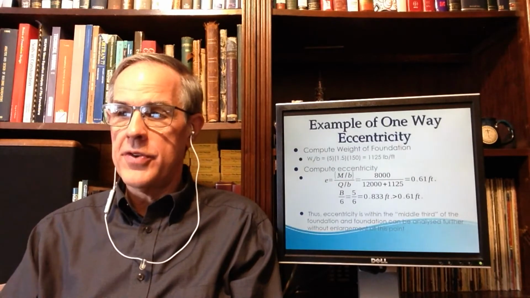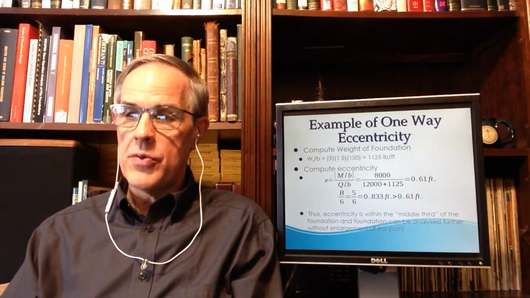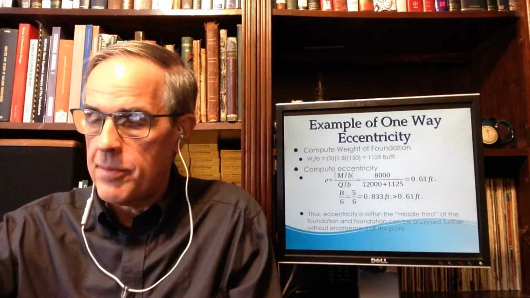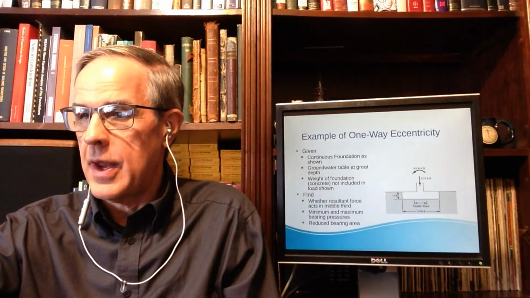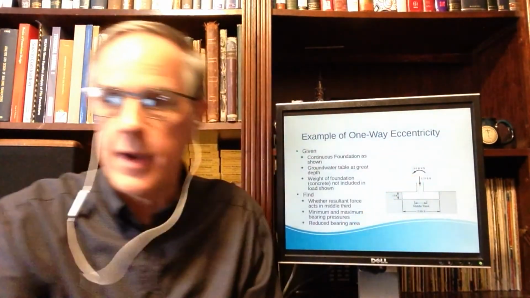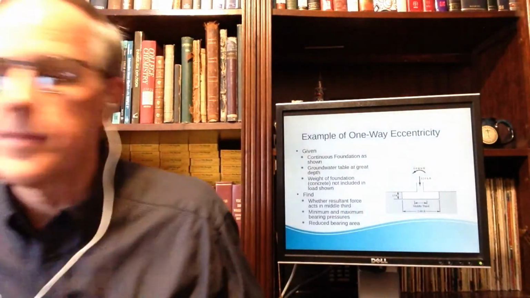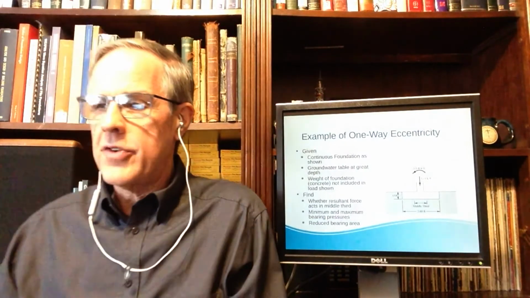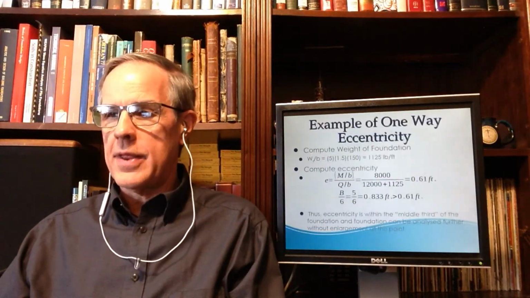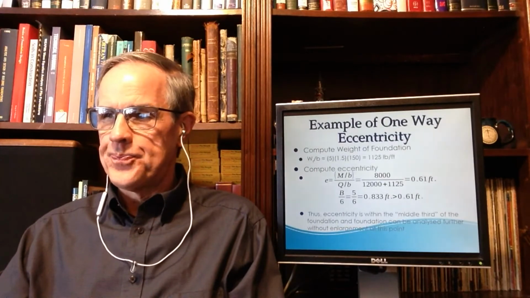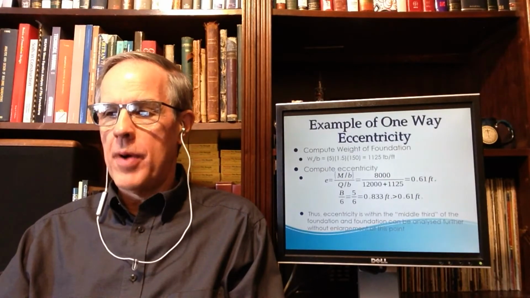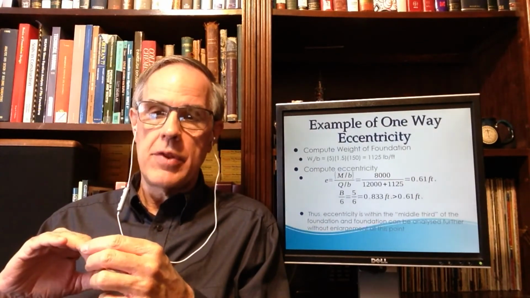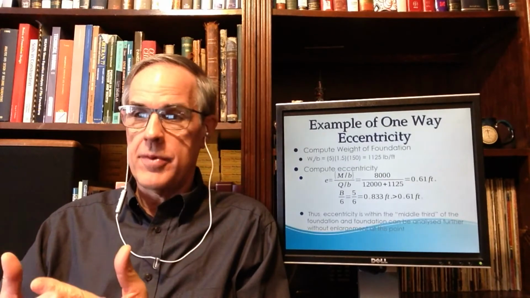So we compute the eccentricity. The eccentricity is equal to the M, which was 8,000, which was defined by the problem. We'll go back, let's just check that out. He's got 8 kips per foot, and the concentric load is 12 kips per foot. So we've actually got 2 concentric loads now, because we've got both the weight of the foundation, which is concentric, and the load from the building, which is concentric in this case.